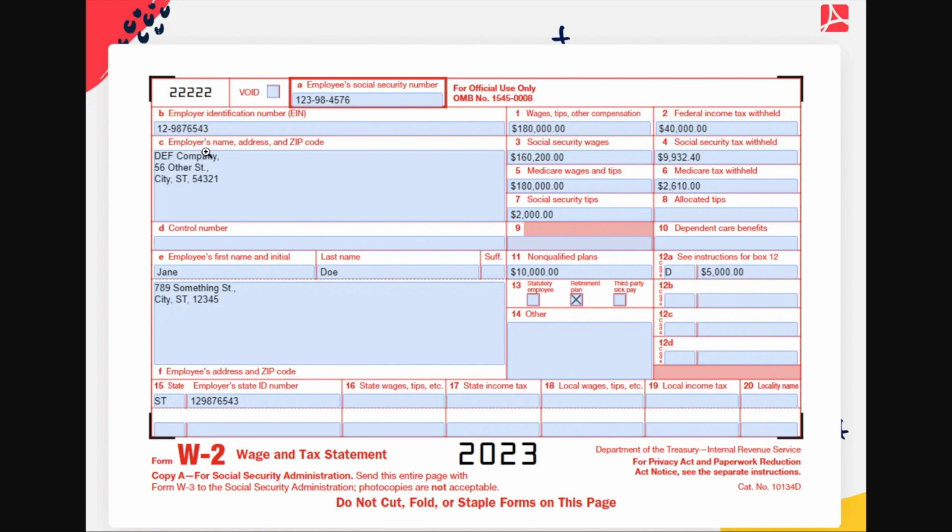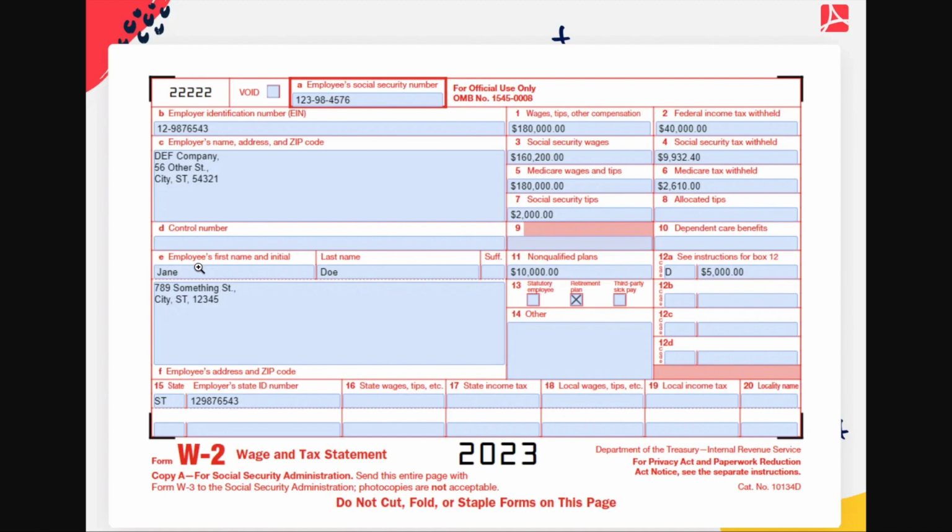Box C will contain your employer's name, their address, and their zip code. In this example, it is DEF Company, 56 Other Street, and then you will see city, state, and zip code. Box D will contain the control number, which is not common, which is an internal number that is used by your employer. So in this example, we do not really have any control number.